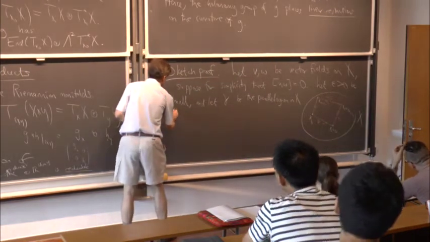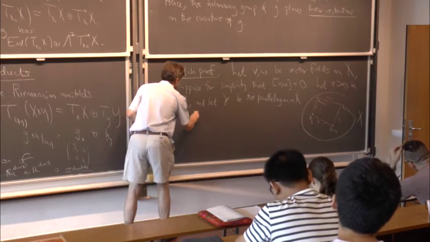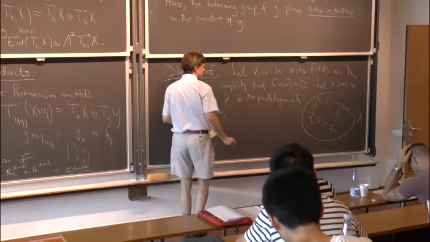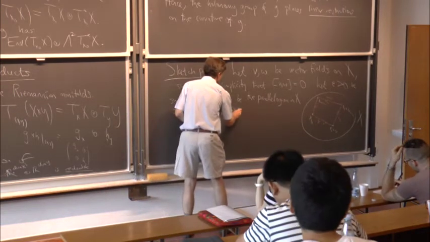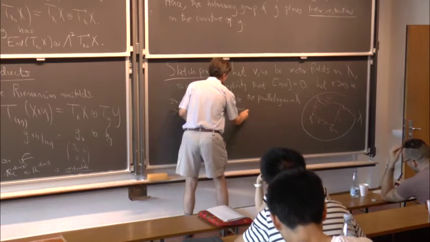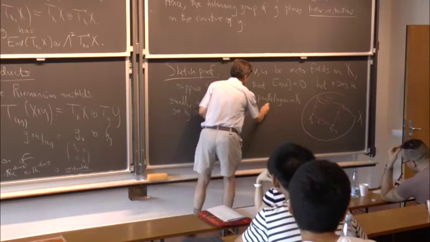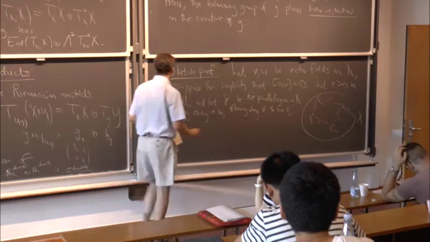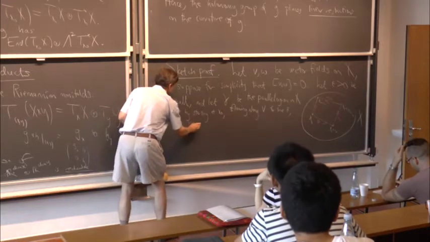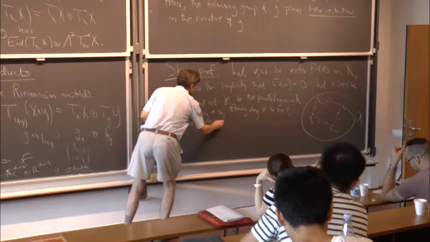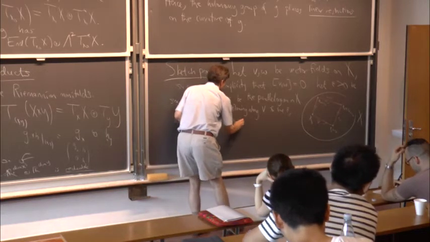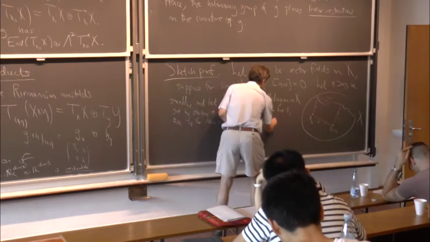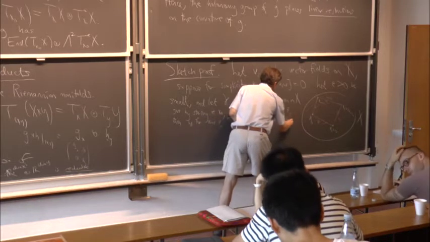So it's got by starting at x0 and then flowing along V for time epsilon, and then W for time epsilon, and then minus V for time epsilon, and then minus W for time epsilon.